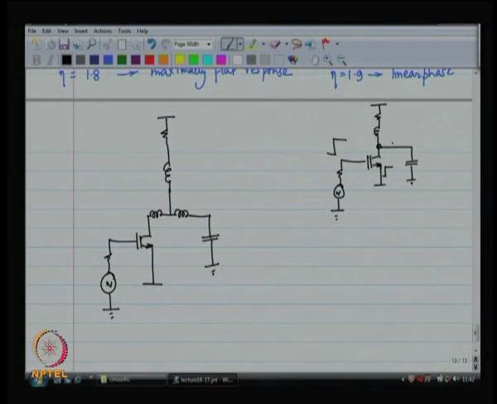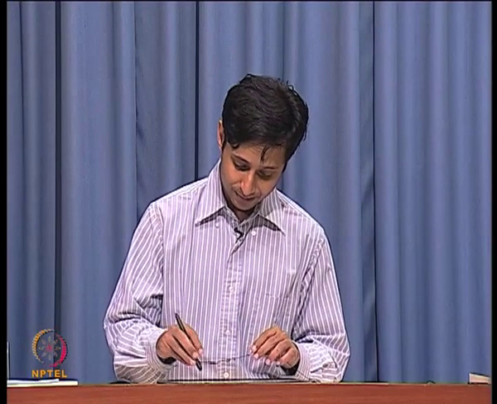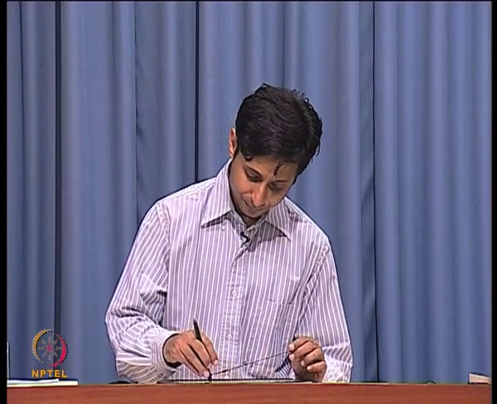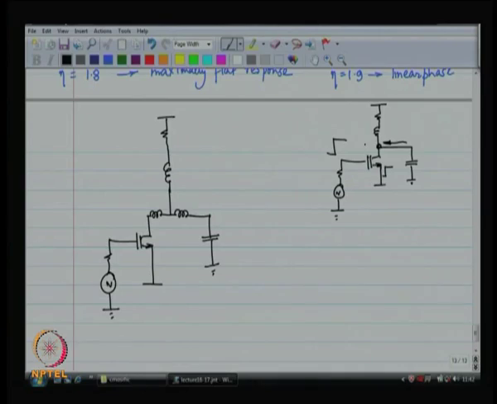So, when the current goes through a step response, current through the MOS device goes through a step response, what is going to happen is all of this current is initially going to come out of the capacitor. What was it earlier? When the inductor was not there, what was it? The voltage here was VDD. So, as the voltage would start dropping, current would come through the resistor, right, more and more current would come through the resistor.